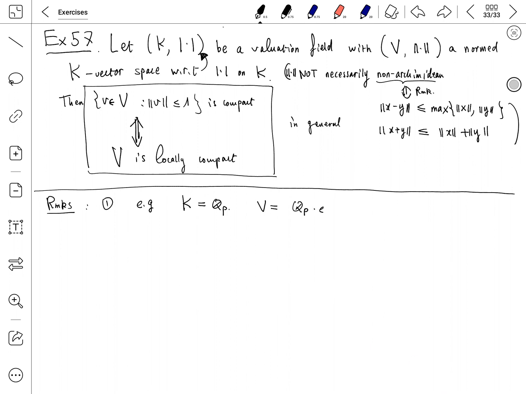If you want, just fix some basis. Suppose we have the p-adic topology, the p-adic valuation, and the norm you just take again the one that comes from the p-adic topology.